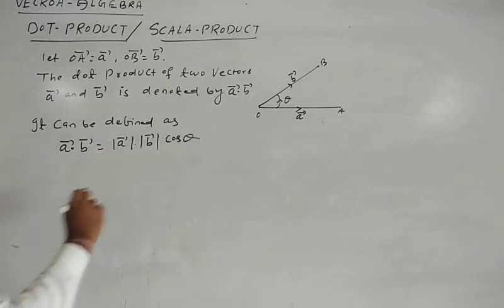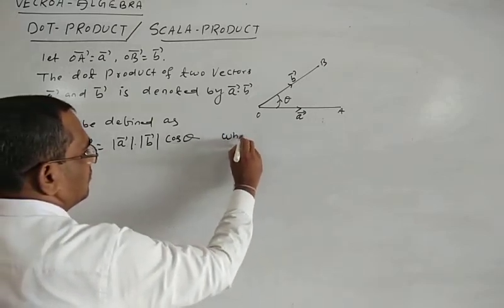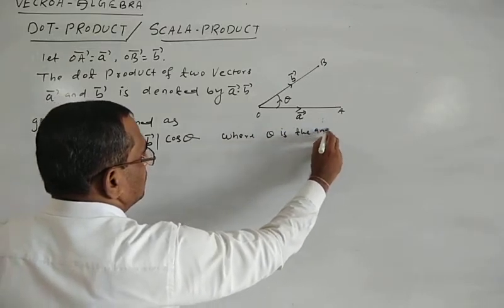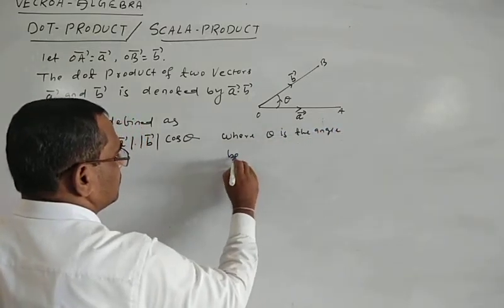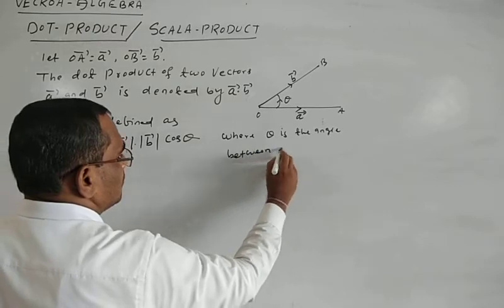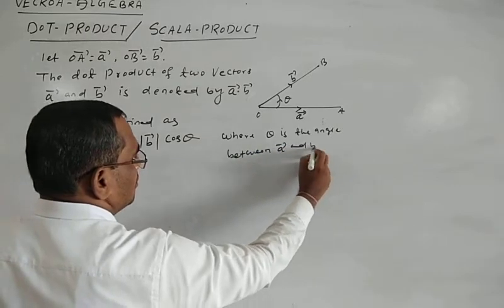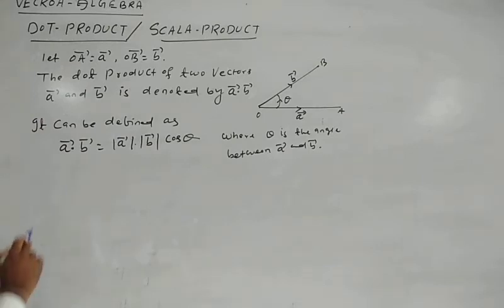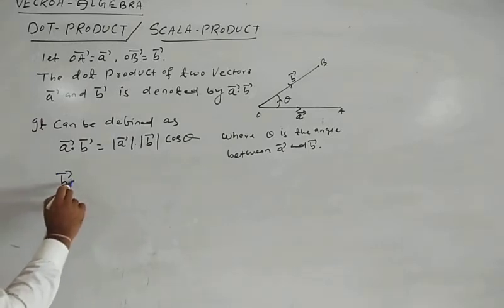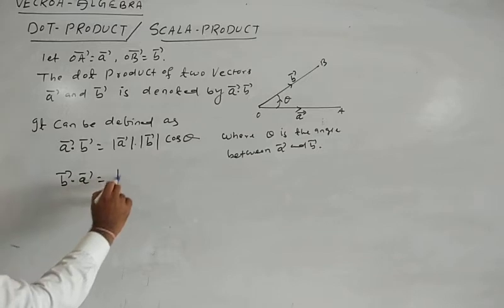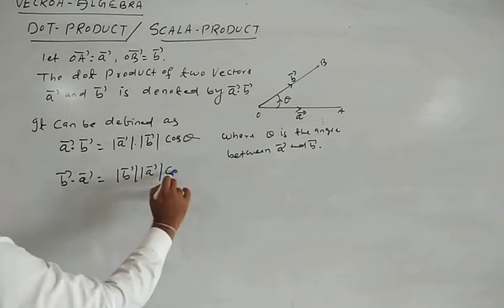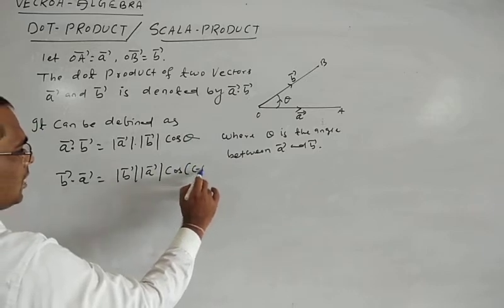where theta is the angle between A vector and B vector. So B vector dot A vector is equal to B vector magnitude A vector magnitude cos of minus theta.